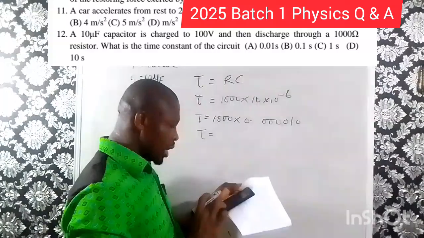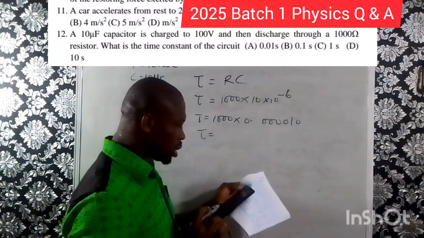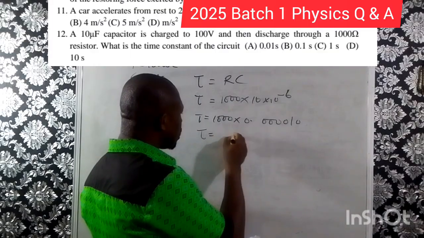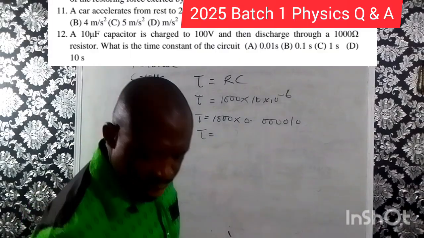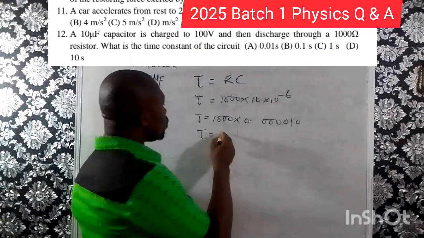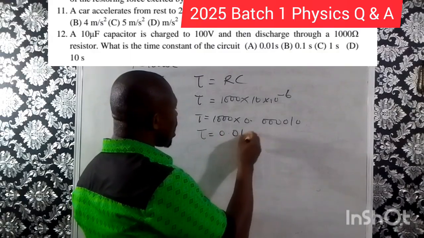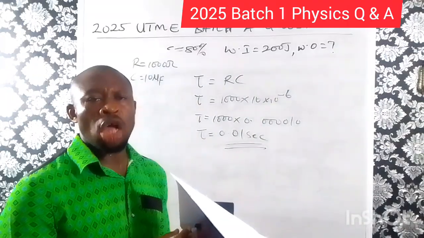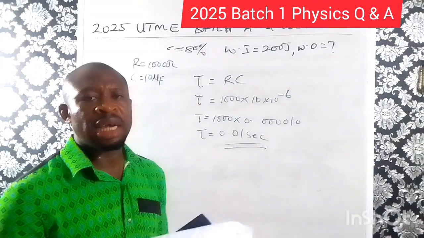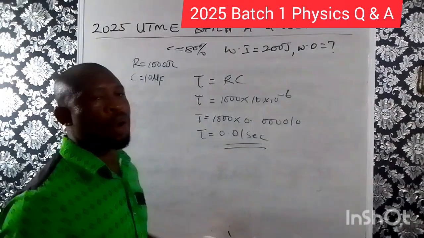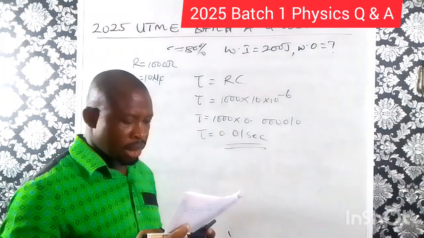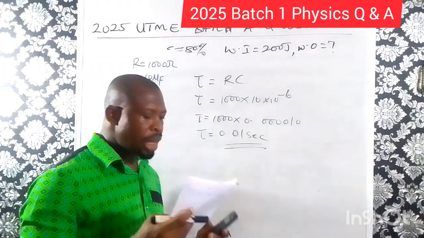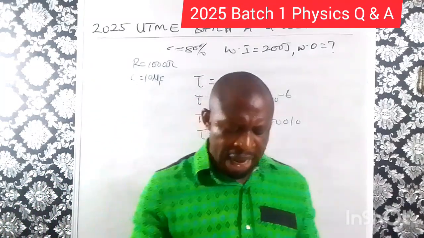If you multiply that by 1000, we will have 0.01 seconds. So that means the time constant of that circuit is 0.01 seconds. Now we take the next question.